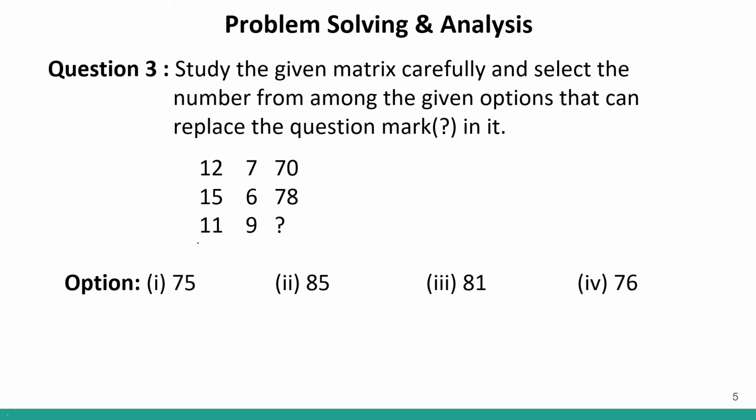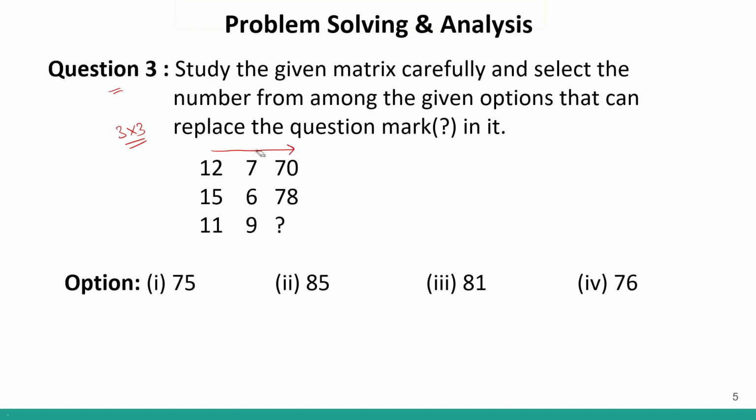Okay. Now let us move on to question number 3. In question number 3, again, it is a 3 into 3 logical grid. Over here again, I can see these numbers are considerably bigger than the first two numbers. Correct? So I can assume that we are moving in this direction.